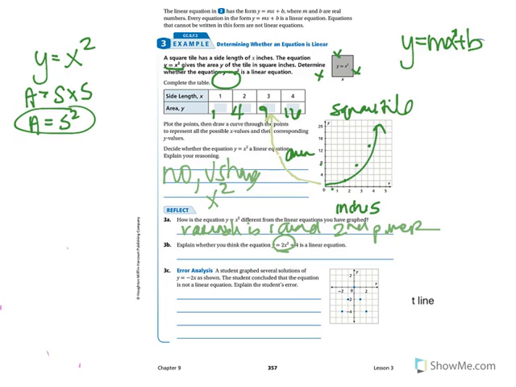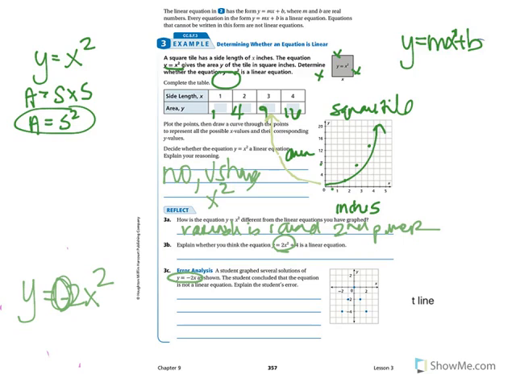And then 3c says, a student graphed several different solutions to this equation, y is equal to negative 2x. The student concluded that the equation is not linear. But what's wrong with this? Well, looking at it, it almost looks like a U shape or a V shape, like an upside down one. We know that if we had an equation like this, that would be an upside down U anytime they got the negative in front, because it's going to flip every negative.